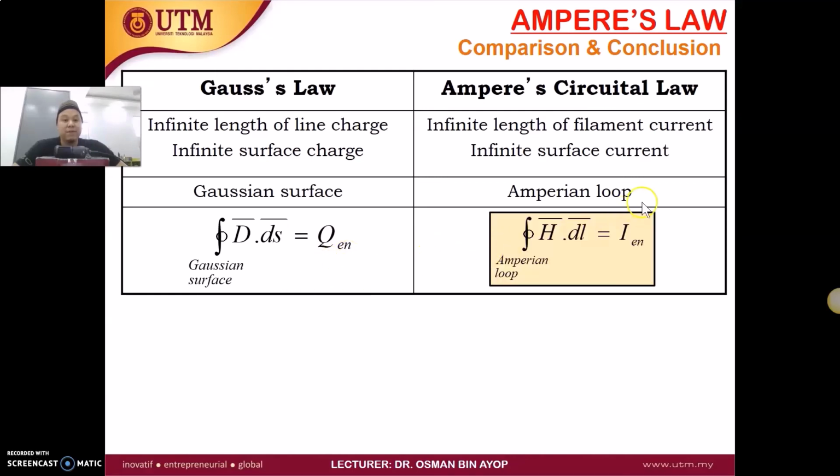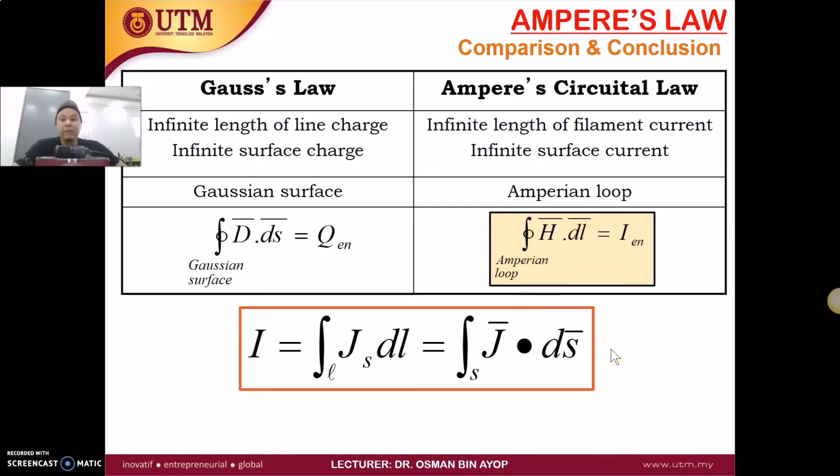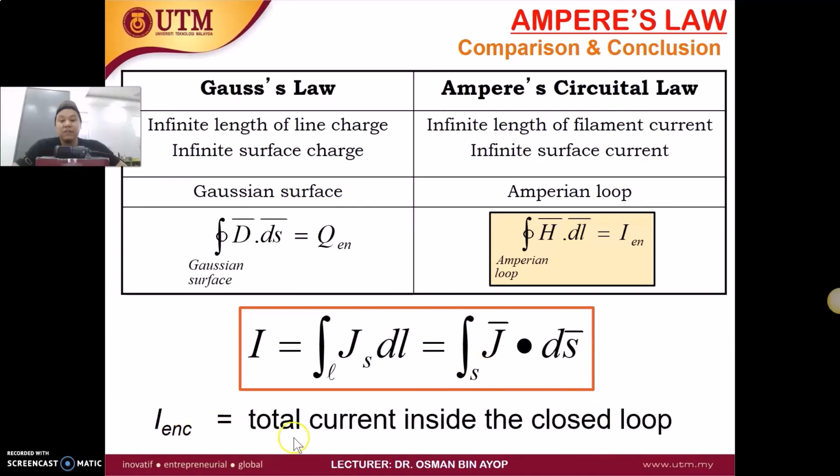And here for the Amperian loop, basically we do the integration of H dot dl around the Amperian loop, equal to I enclosed. So this is the surface integration, and this is the line integration. So I equals Js dl is the line integration, and J dot dS is a surface integration, where I enclosed is the total current inside the closed loop.